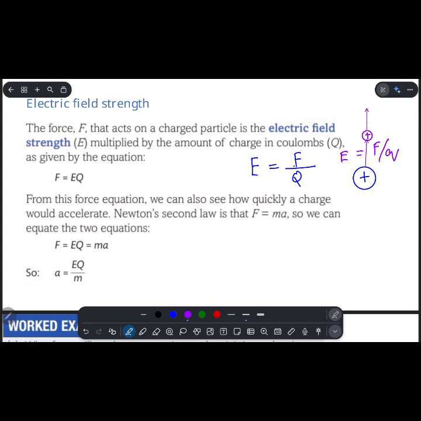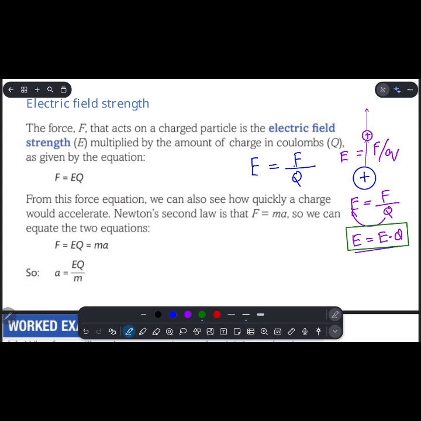So generally, electric field strength, the electric field, is equal to force per unit charge, so this will be multiplied here, and you will get that F is equal to E times Q. So the electric force can be found by multiplying the electric field strength and the charge.